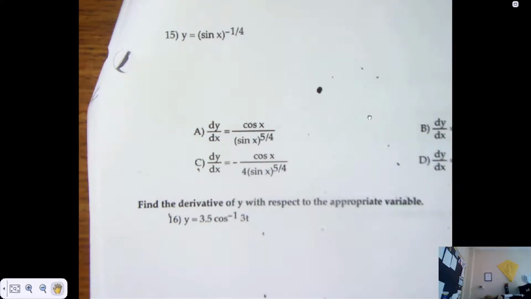At 15, what do we have here? We have a sine function with an odd-looking exponent. This is actually the power rule. It's like taking the derivative with respect to x of x to the n.